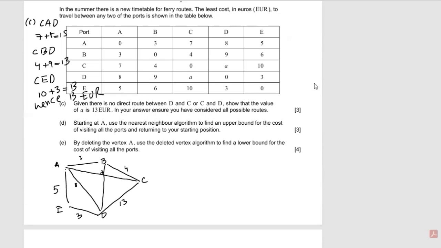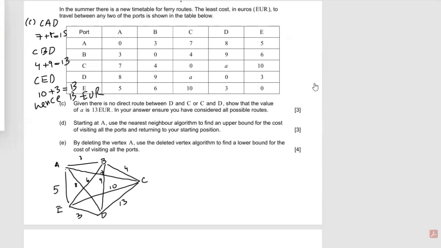Let's write it over here. And B to E, this needs to be connected as well. That's a 6. Now A is connected with everything, B is connected with everything, C is not connected with E. Let's check. Oh, that's a 10. Okay. And I think D is connected with everything as well.